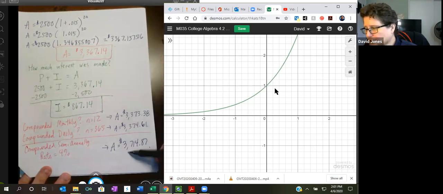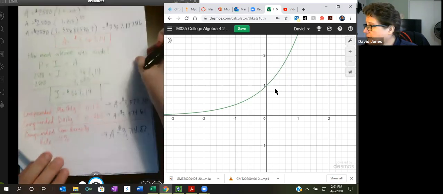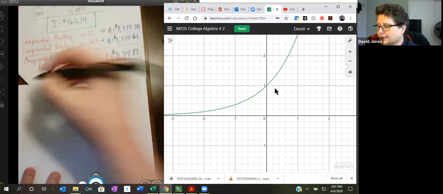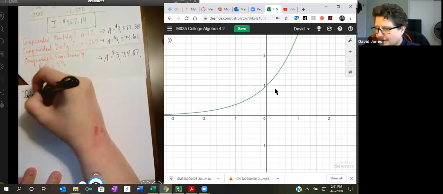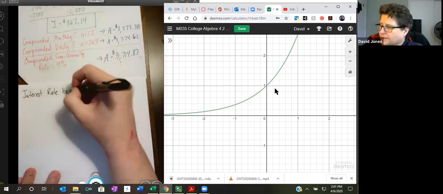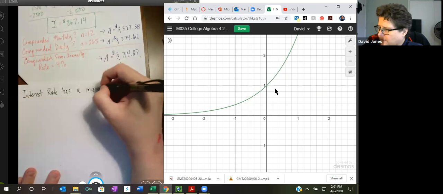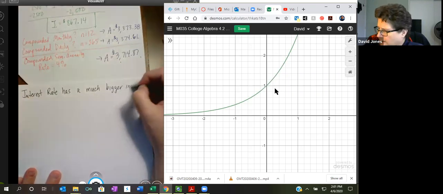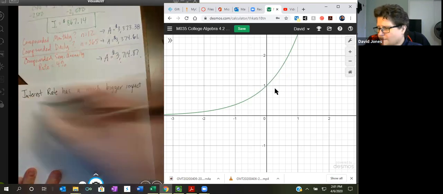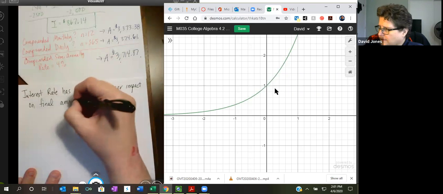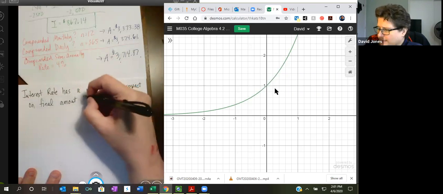Adding just a single percent raised the final amount by 400. So the moral of that story: interest rate has a much bigger impact on final amount than the frequency it's compounded.